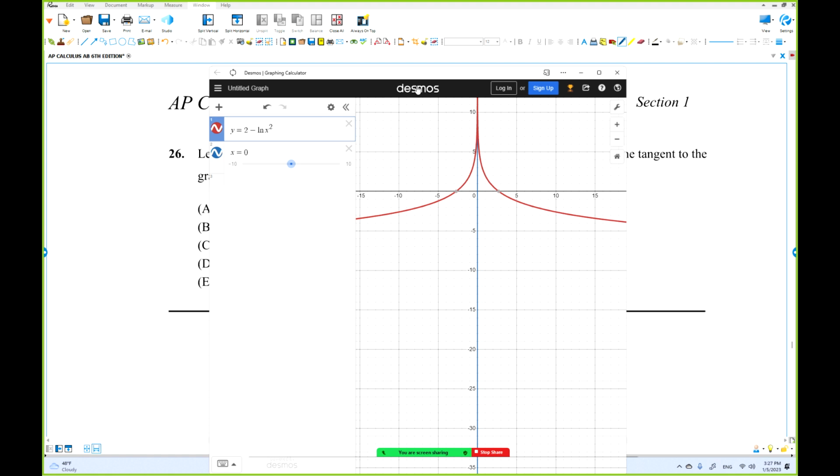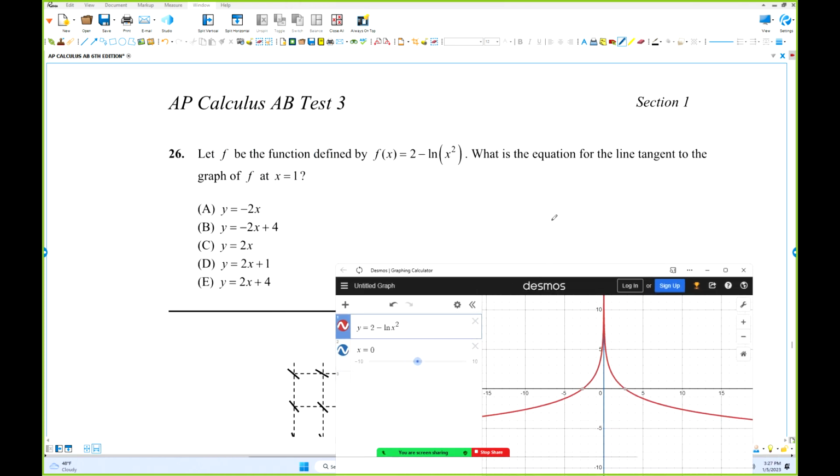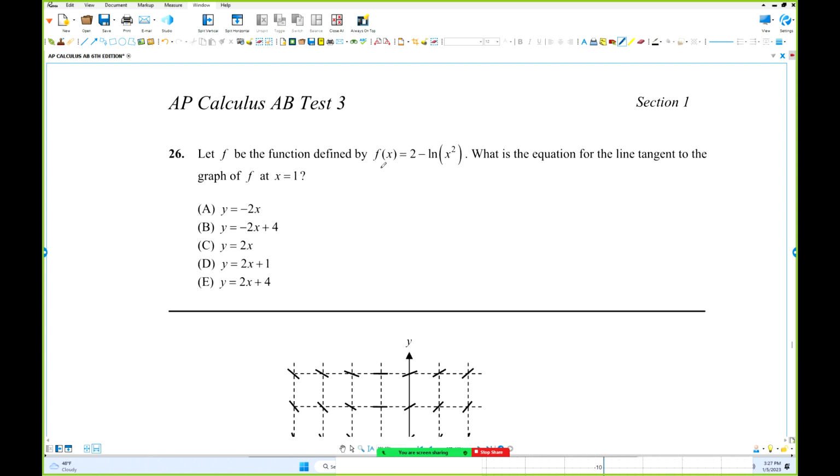The point is (1, 2), we already know that. So the graph looks like this. When x is 1, y is 2, and we're going to find the equation of this tangent line.